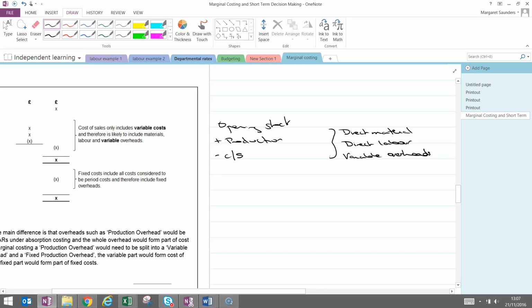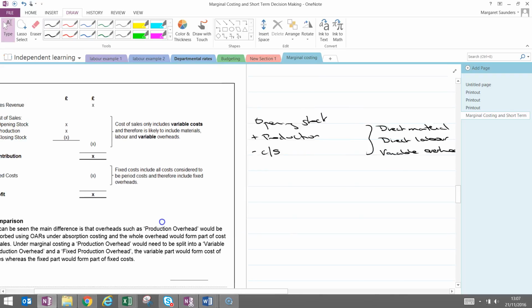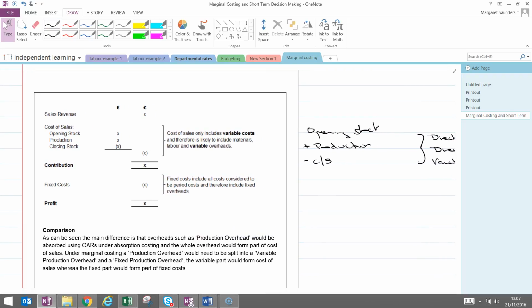So you will notice there is no absorption of overheads when we're using marginal costing. So we have our sales revenue. We'll take away our cost of sales. That will give us contribution. Then we take away all of our fixed costs and we're left with a profit.